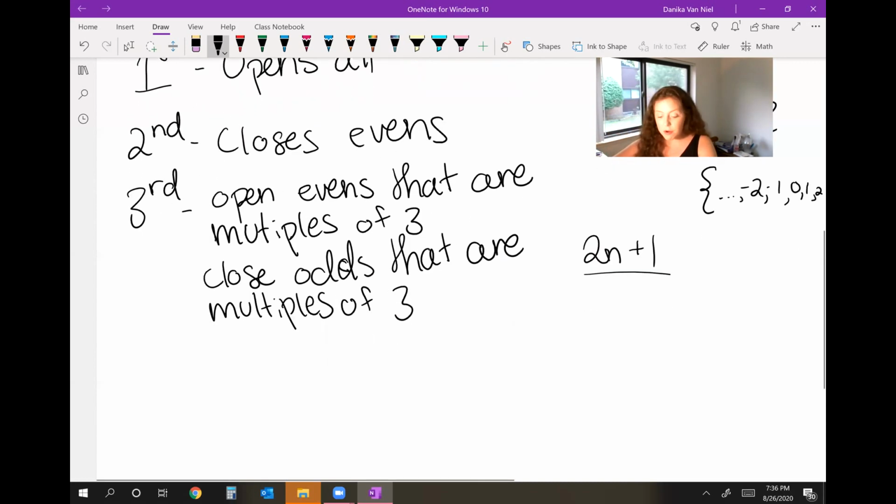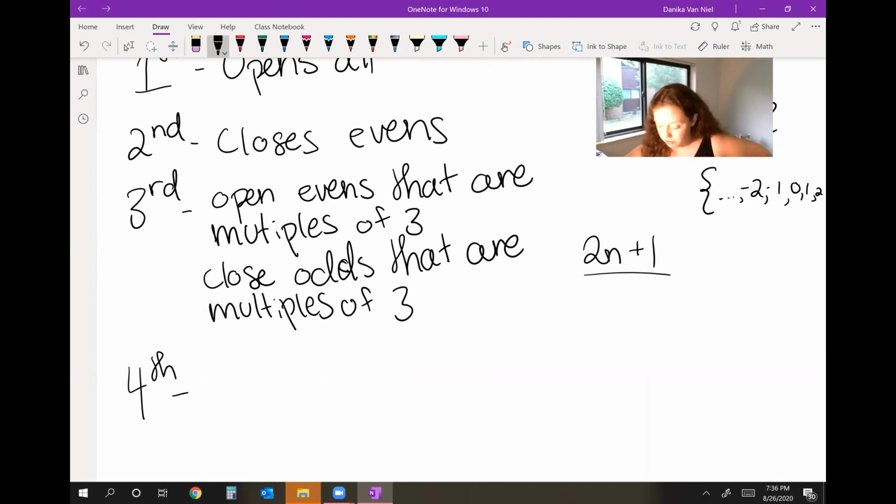Okay, so how we can define the fourth student. Now I'm just going to write these things that we know under the assumption that these numbers are multiples of what number the student is. Okay, so I'm going to say that for 4, it opens.